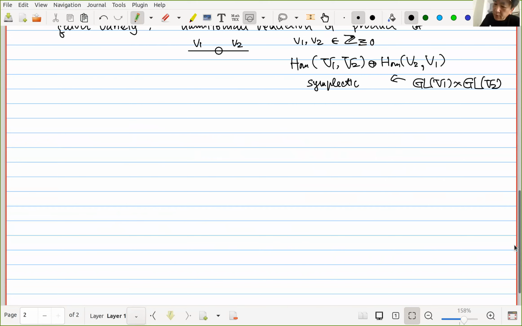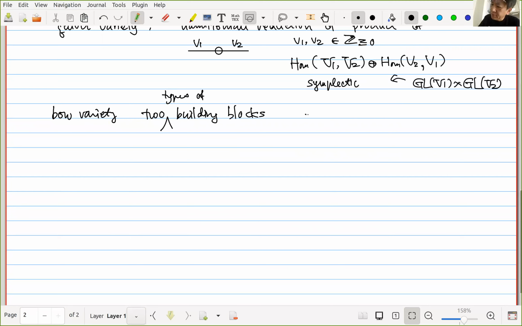Then for Bow varieties, we use two types of building blocks. One is the same as this one. And another I denote with very similar notation, but I just change the circle to a cross.